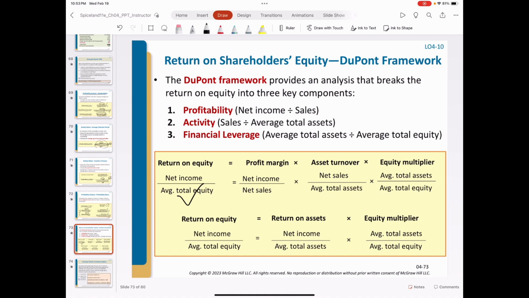By this disaggregation, we find the return on equity is a product of these three: profit margin, the activity ratio or assets turnover, and the equity multiplier, which represents the financial leverage of the company. The greater this ratio, the more the company is financed using debt. This disaggregation is also called the DuPont framework.